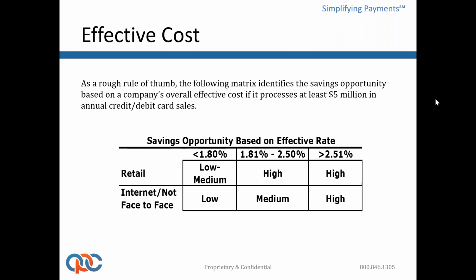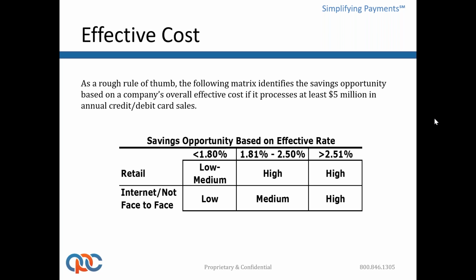And if you're an internet e-commerce merchant, if your overall effective cost is less than 1.8%, there's probably a low chance of savings opportunity. However, if it's over 1.8, there's a medium to high chance. Now, these are for typical average merchants that are doing over 5 million in card sales a year.